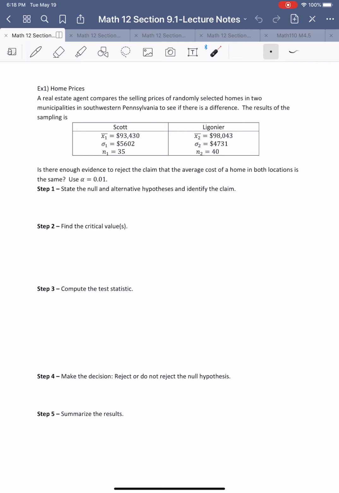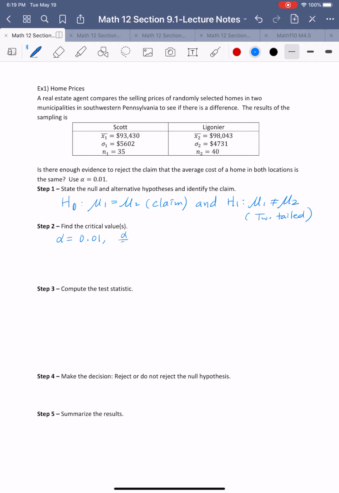So step 1, we need to state the null hypothesis and the alternative hypothesis. H sub 0 is mu 1 equals mu 2, which is the claim, and H sub 1 is mu 1 is not the same as mu 2. Step 2, find the critical values. Since alpha equals 0.01 and this is a two-tail test, we need to find alpha over 2, which is 0.005.